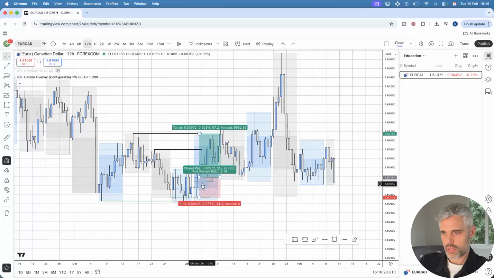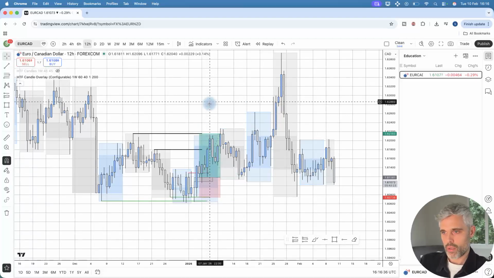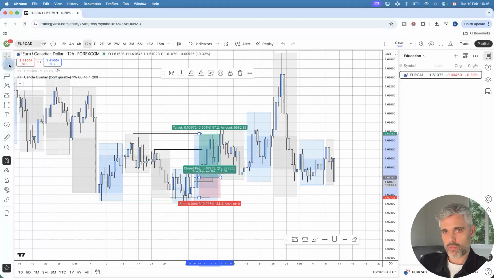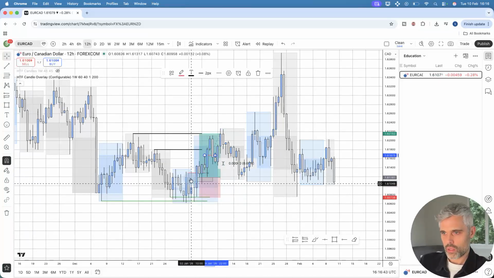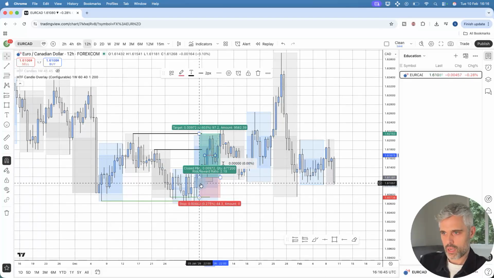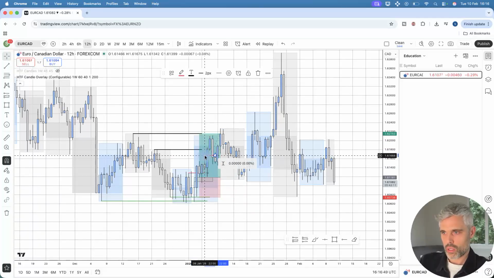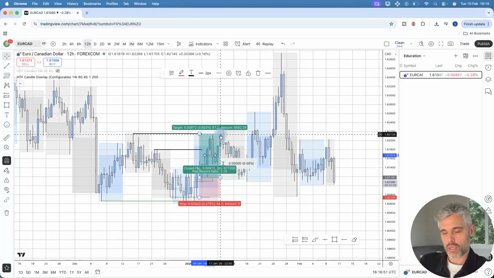Price stings into the fair value gap, trades away. Then we get bullish aggression in the market. We then get the formation of another sell to buy, a new price leg. So sell to buy, sell to buy, sell into the order block, and then price takes the target.